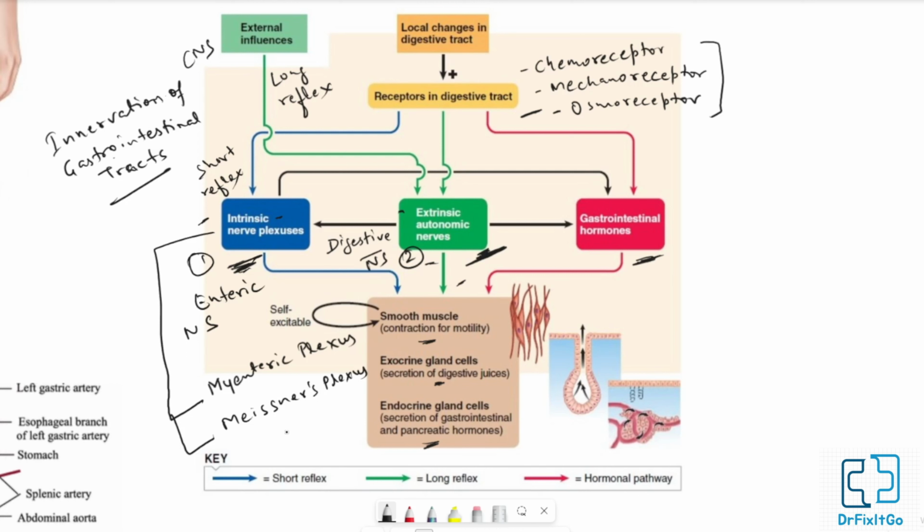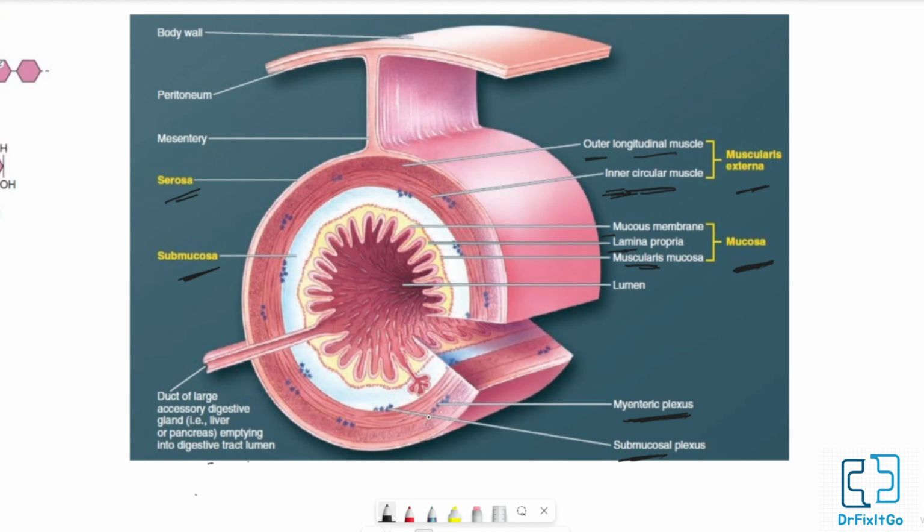Myenteric plexus is also known as Auerbach plexus and Meissner plexus is also known as submucosal plexus. Myenteric plexus is located between the inner and outer layers of the muscularis externa, while Meissner plexus is located in the submucosa.